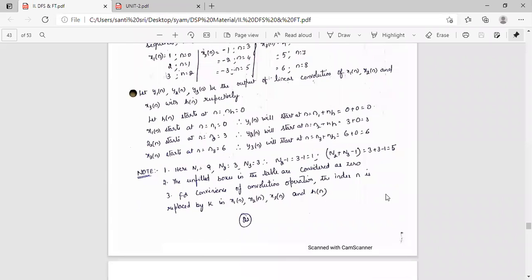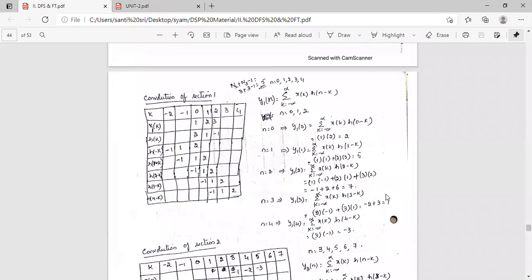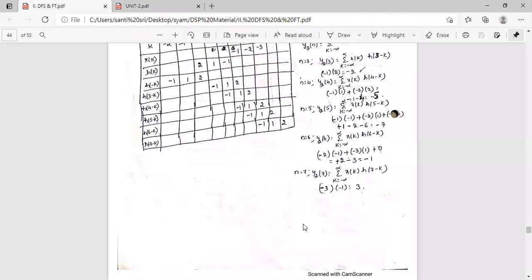Okay, so individually for each section, section 1, section 2, section 3. So here for 0, 1, 2 values, y1 of 0, y1 of 1, y1 of 2. Okay. Similarly, y1 of 3, y1 of 4, like this. We can find the 5 samples for each one.